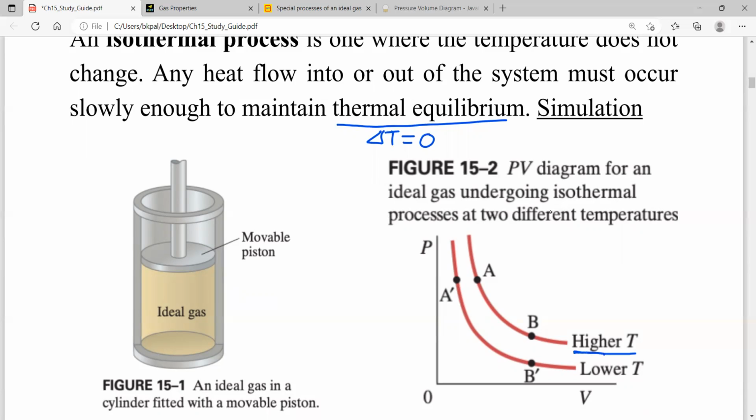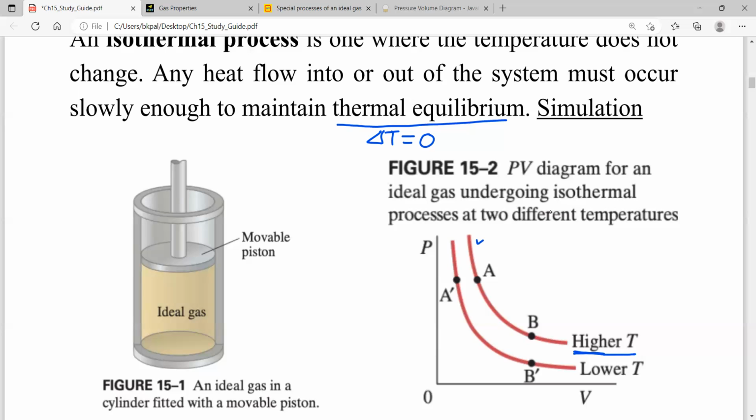For example, this line is for higher temperature. At all points of this line, the temperature is the same, which means there is no change in temperature. The lower line is for a lower temperature, but remember that in an isothermal process, temperature is the same, no change in temperature.